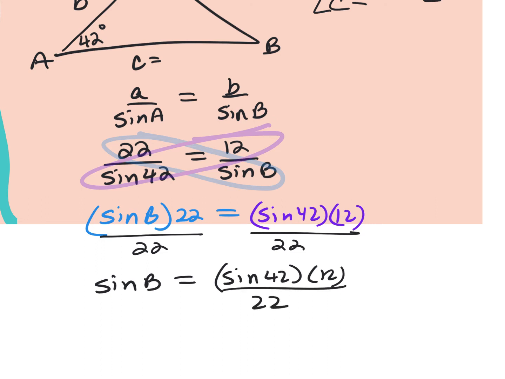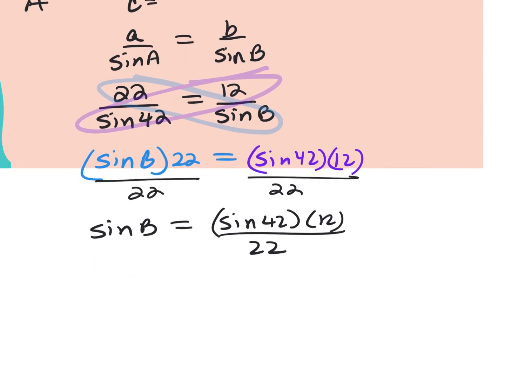Now, when we want to find an angle measure, we're doing inverse here. So I'm going to go ahead and get this number, and I'm going to keep the crazy long number. And then once I do that, I'm going to do second sine and then put that decimal in there.